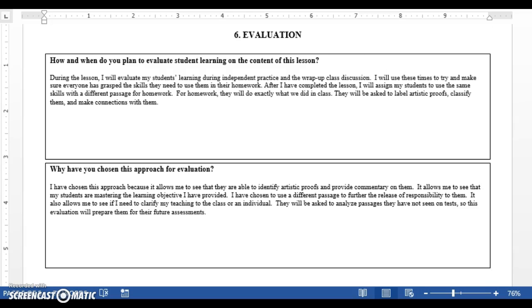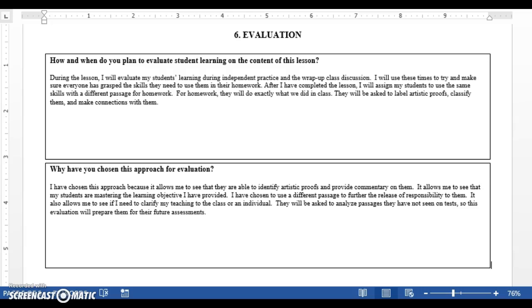I will evaluate my students' learning by, during instruction, again, walking around and just making sure they grasp what I'm teaching. Also during the wrap-up class discussion. I will also evaluate their learning through the homework practice that they will be doing.